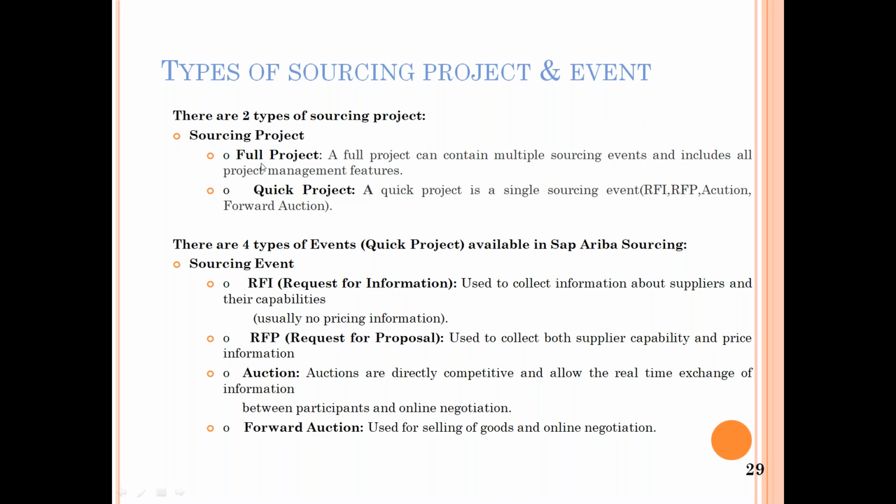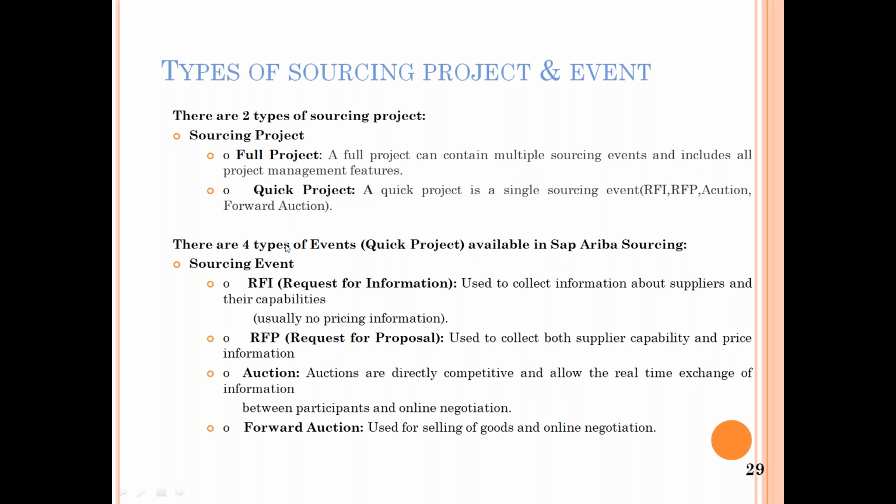If you are working on a full project, the system automatically understands that you are going for RFI, RFP, auction, and forward auction, and it will give you all the options out of which you choose what you are going to use. But if you select quick project, there will be only one option to select, one event type, not all four event types which come for the full project.